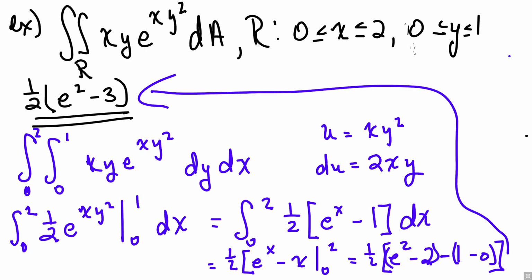Okay. All right, so let's take a look at our last example in this section. We want to find the volume of the region bounded above by the surface z equals 4 minus y squared and below by the rectangle R, defined as x bounded between 0 and 1, and y bounded between 0 and 2.